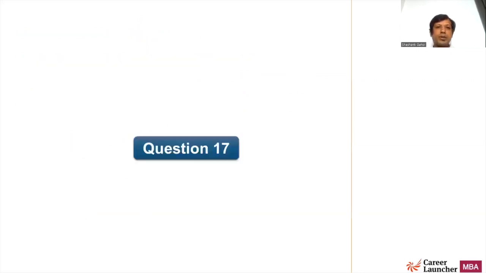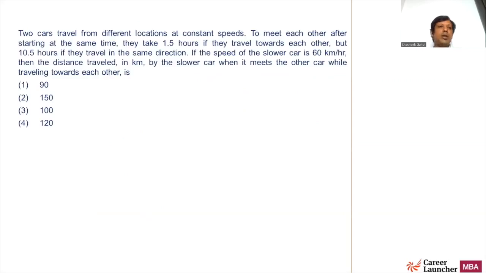Question number 17. Two cars are traveling from different locations at constant speeds. To meet each other after starting at the same time, they take 1.5 hours. So I have two cars.